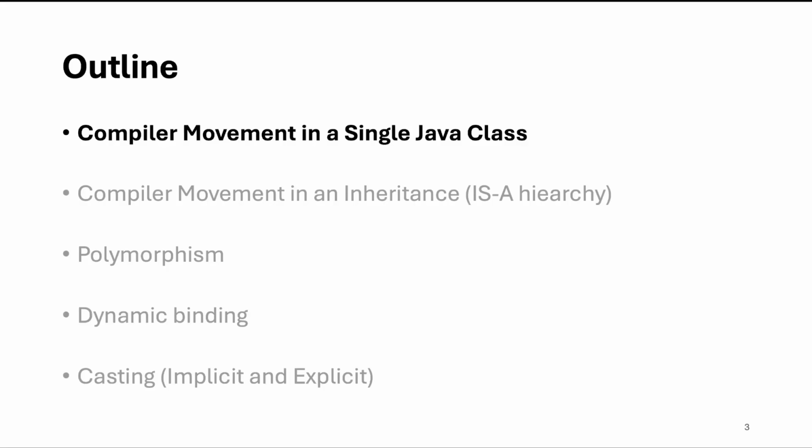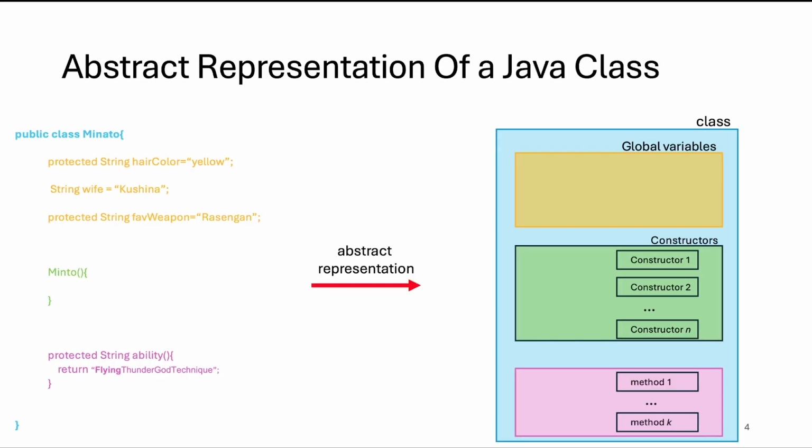Now let us see the first topic, which is how a compiler moves in a single Java program. So we assume that a program contains only one class. For ease of explanation, I have converted a Java class into boxes.